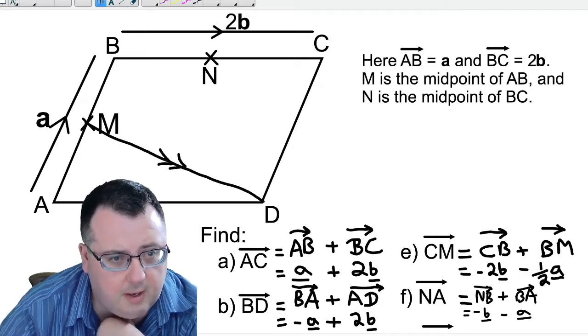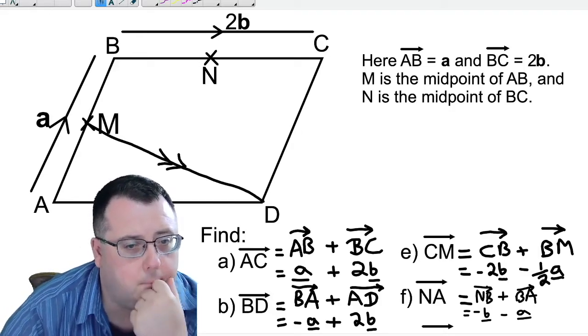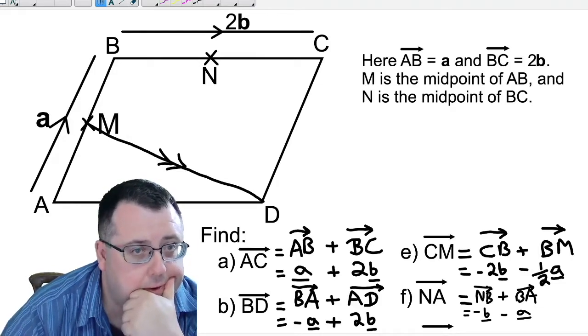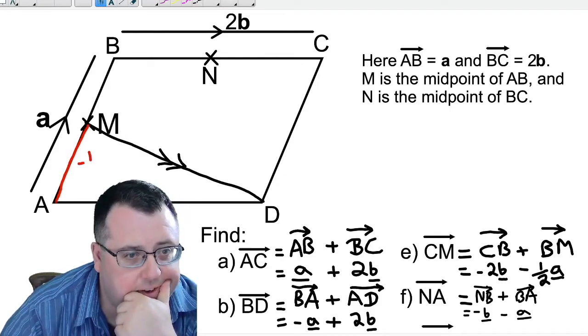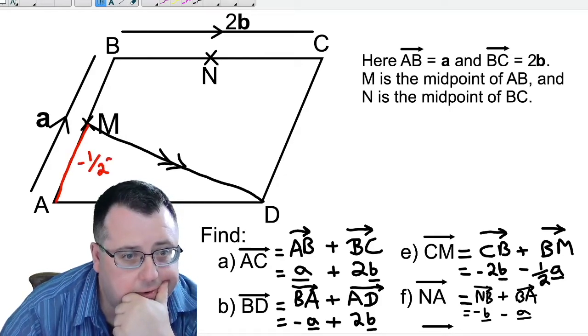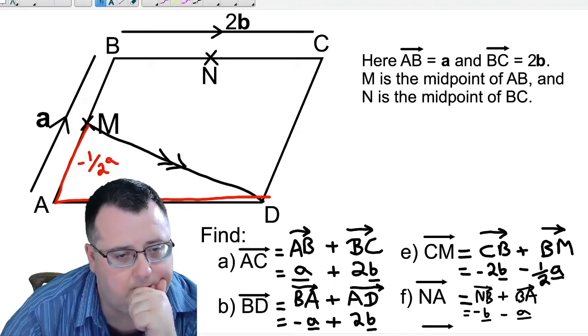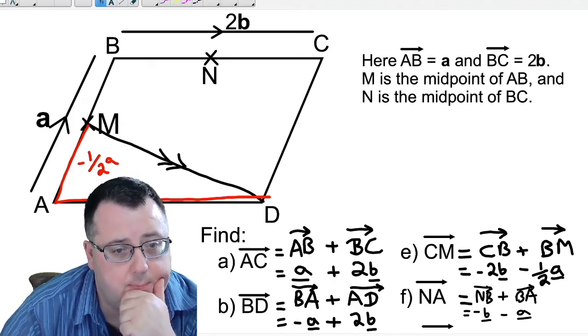How do we do it instead? Go from M to A, which would be minus a half A. Yep, minus a half A. And then A to D. A to B, which would be minus 2b. Wait, 2b. It's just 2B.